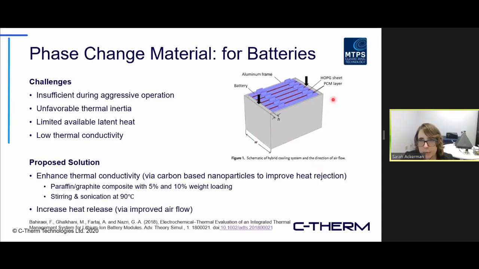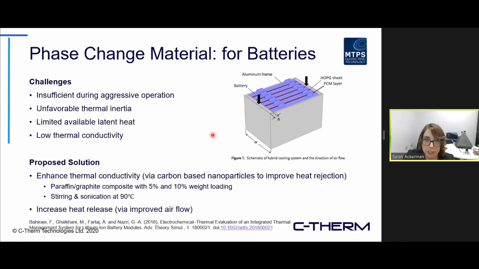The system that was designed, you can see here in the upper right, was published by Farid Baharai's group back in 2018 in Advanced Theory and Simulations. Specifically, there's a lot of things that are attractive about phase change materials for battery applications in electrical vehicles, but there are a lot of challenges as well.